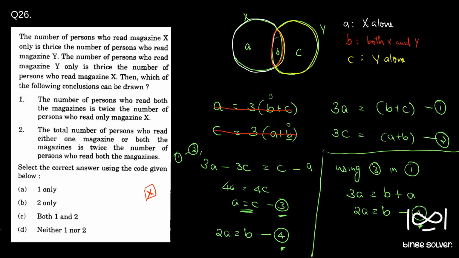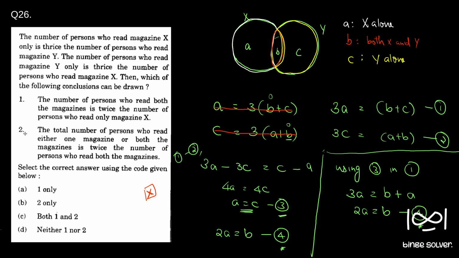Now, the first statement: the number of persons who read both the magazines is twice the number of persons who read only magazine X. The number of persons who read both the magazines, from the figure, is b. So b is twice the number of persons who read only magazine A, which is a. From the fourth equation, 2a equal to b, which is true. So statement 1 becomes true.